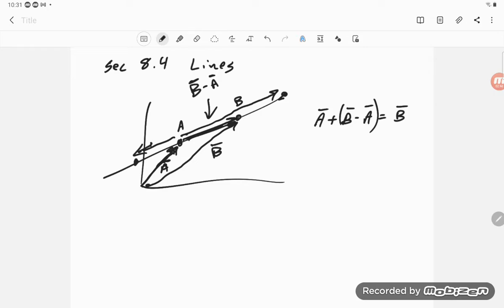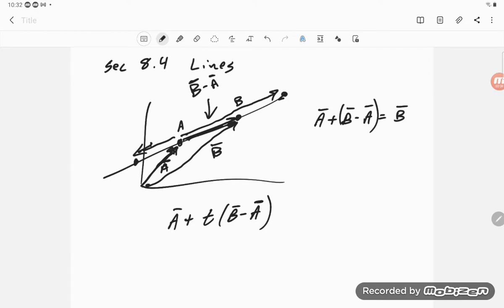Now notice I could also offset them by B. It doesn't really matter, but all points on this line I could describe by their position vectors, and those position vectors would be A plus some t times B minus A.